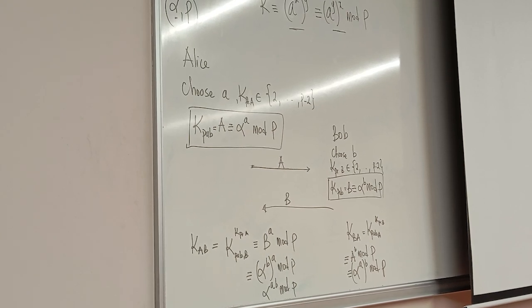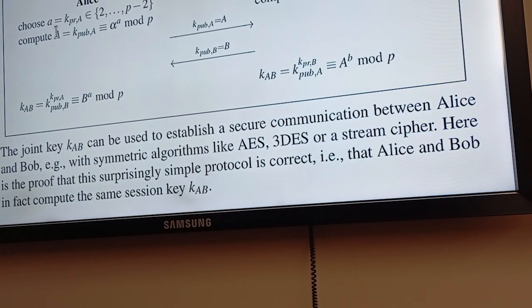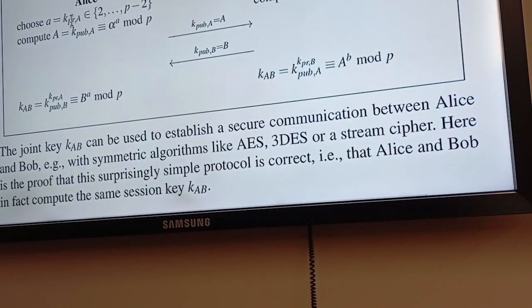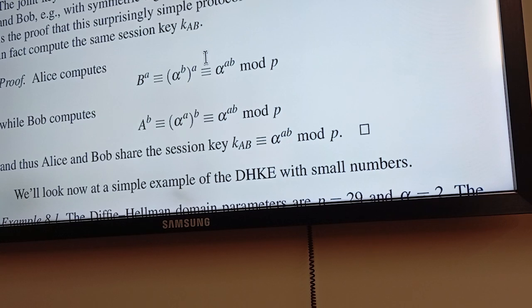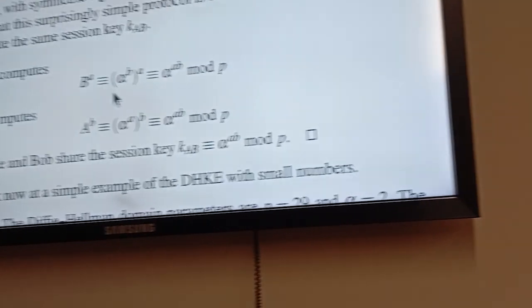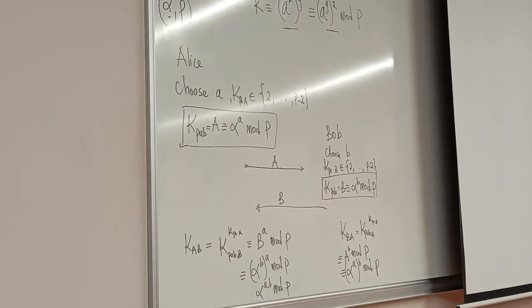So we would now go back to the slides. Yeah, so this is actually the basic proof. We did prove it on the blackboard down there.